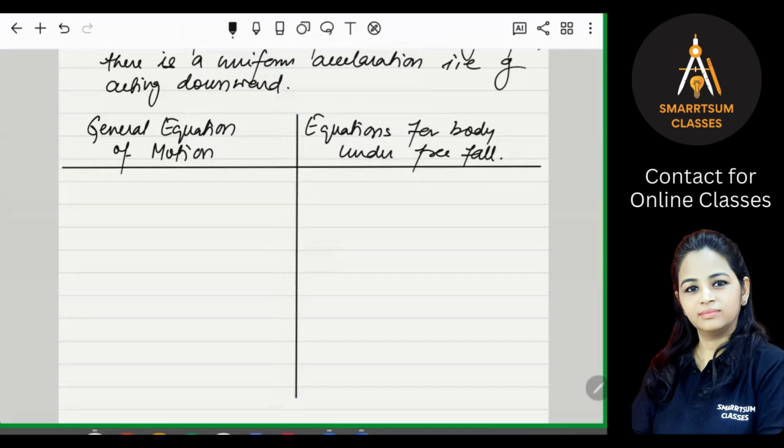The first general equation of motion is v is equal to u plus at, right?